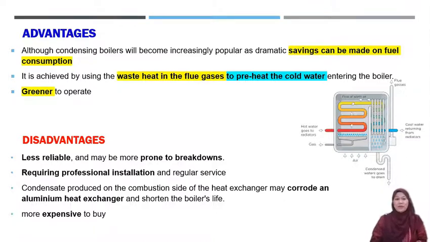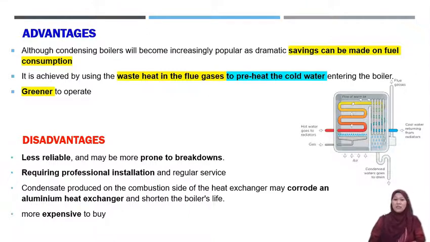So it's greener to operate because you use less gas to burn. These are also the disadvantages. It's less reliable and prone to breakdowns. And you require professional installation for the condensing boiler.